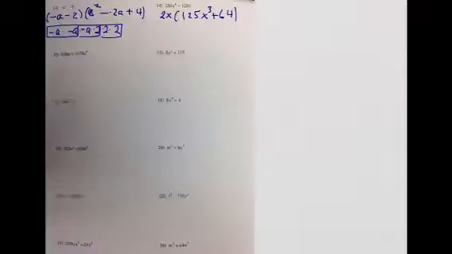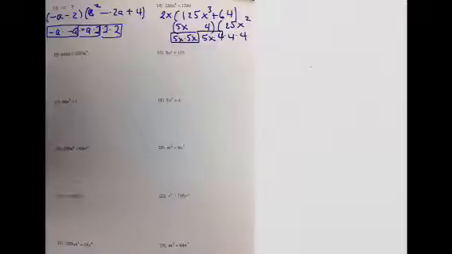Okay, so now I have the sum of cubes in the parentheses. So the cube root of 125x cubed is 5x. The cube root of 64 is 4. So I'm going to write 5x, 5x, 5x, 4, 4, 4. So pair them up and you get 25x squared.